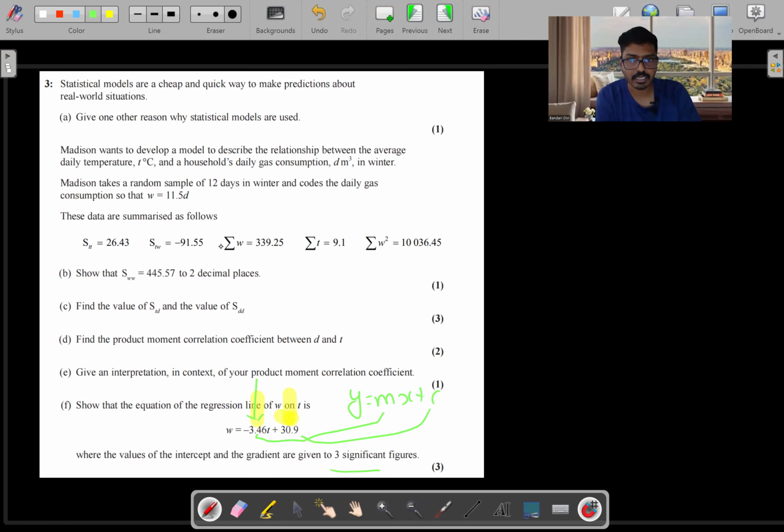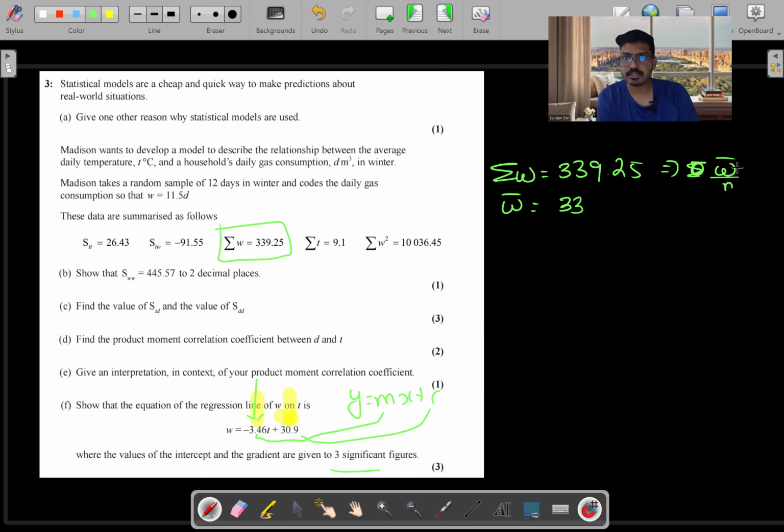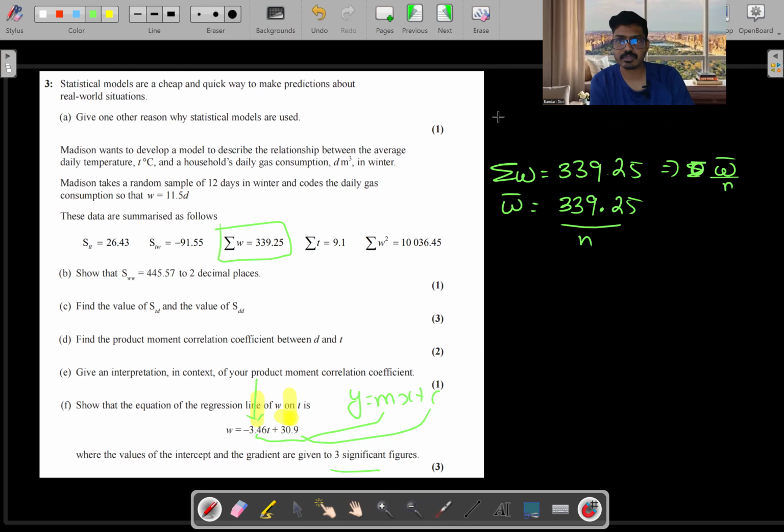First, how we will look at this. Here the given data, sigma of W, is given to be 339.25. If I write this as W bar, this is equivalent to sigma of W upon N, so W bar is equivalent to 339.25 upon N. How will we know that?